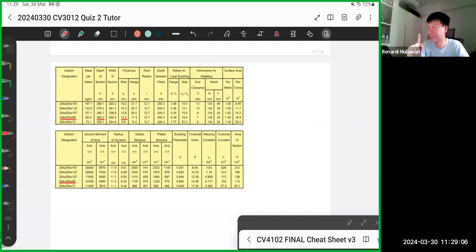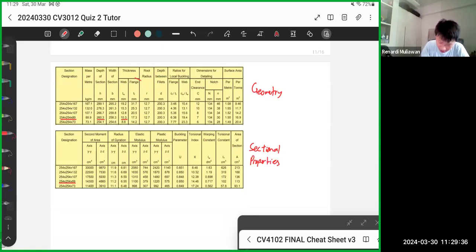For one section, there are two pages dedicated to it, at least I think only for UB and UC. For hollow sections, I think only one page. But for I-beams, two pages. For the first page, it's usually about the geometry. For the second page, it's usually about the sectional properties. Just to let you know now.